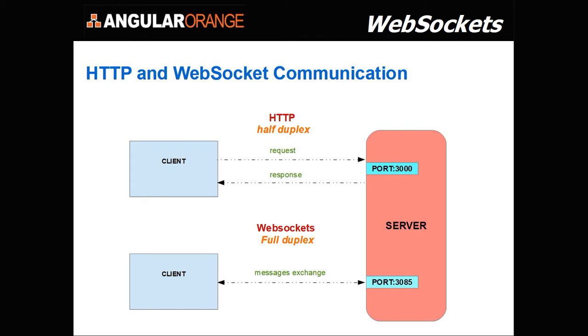Okay, so for example, if I had a client that was communicating via HTTP to port 3000, and then I also wanted to connect to port 3085 with a WebSocket connection, I could do that.